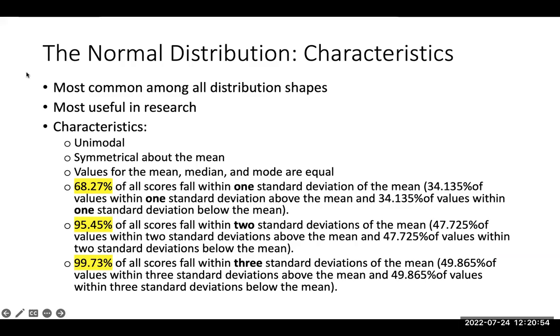You have 95.45% of all scores will fall within 2 standard deviations of the mean, and 99.73% of all scores will fall within 3 standard deviations of the mean. That means that without even actually looking at every single data point, you have a really good sense of where those scores fall.